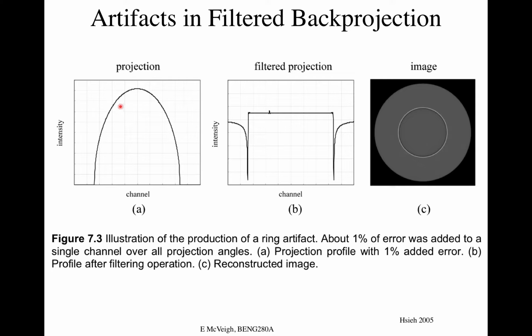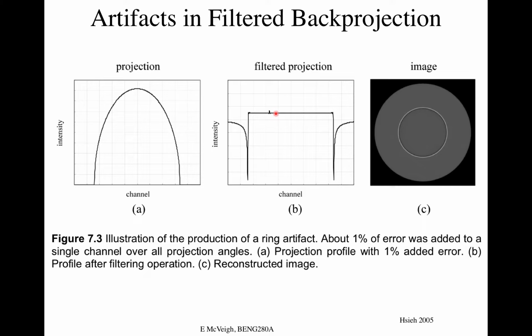On the other hand, if you have a 1% error, so this is g_L(θ) before we do the convolution, and there is an error on one of these channels, but it's only 1%, so it looks like this. You can't even see it here. But then when you do the convolution, it looks like that. It's a very small change.